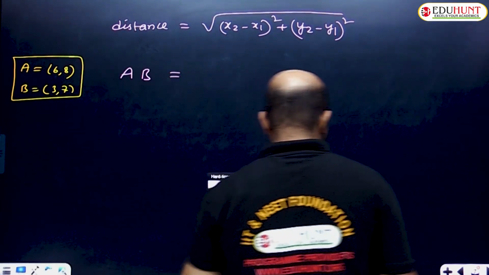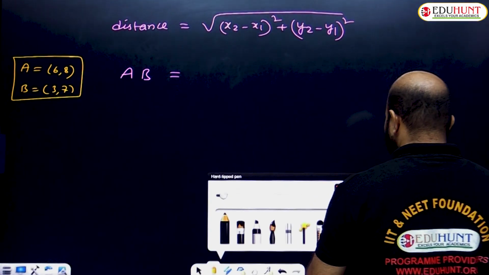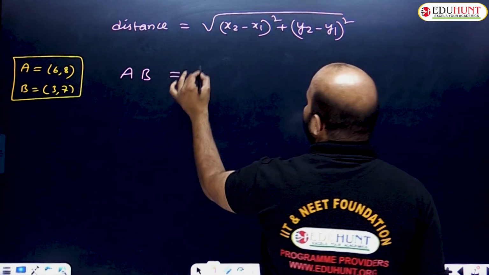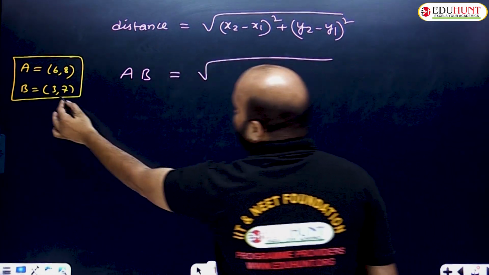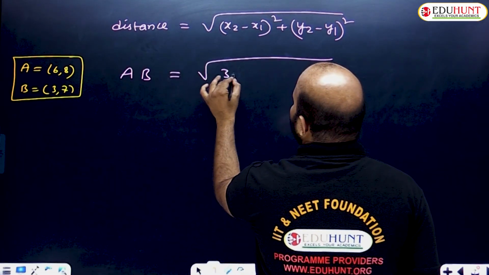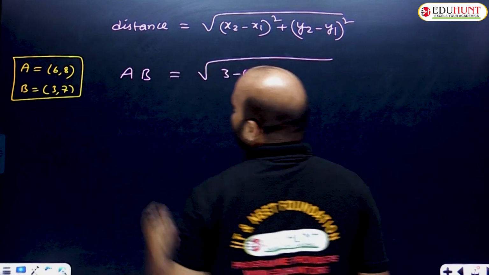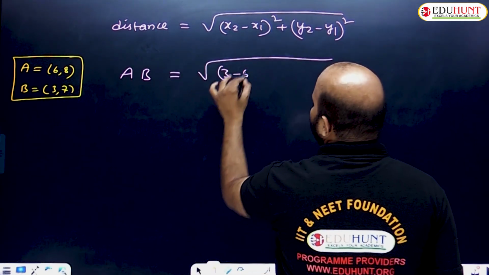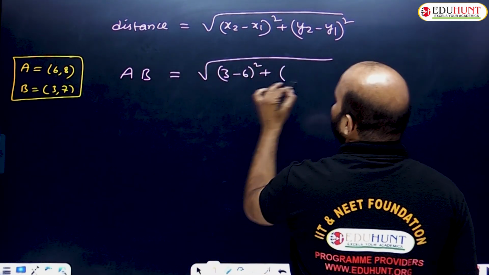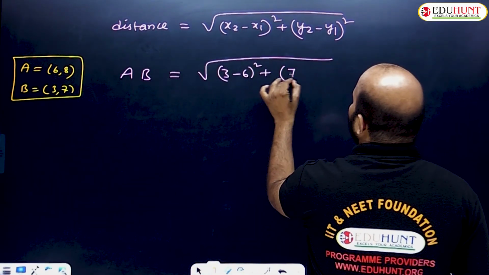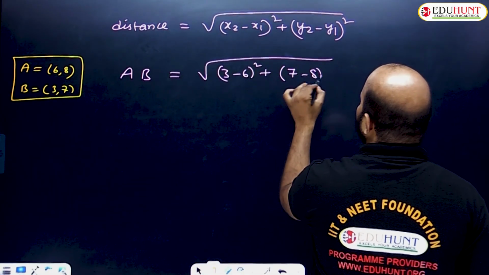By using the distance formula, square root of (x2 minus x1) whole square plus (y2 minus y1) whole square. A coordinates are x1, y1 and B coordinates are x2, y2. So 3 minus 6 whole square plus 7 minus 8 whole square.